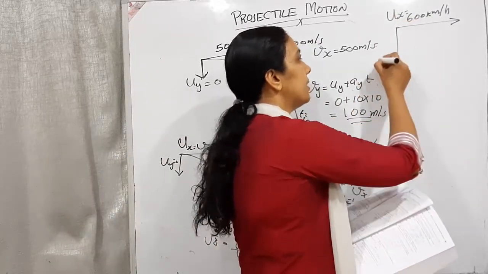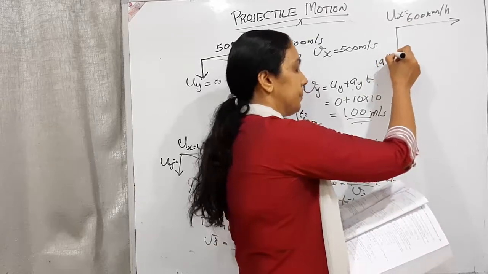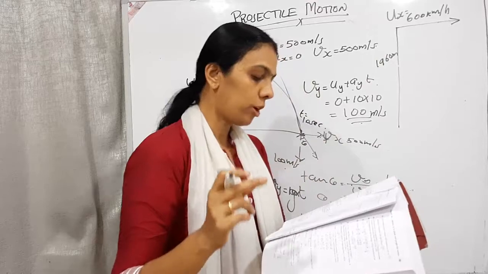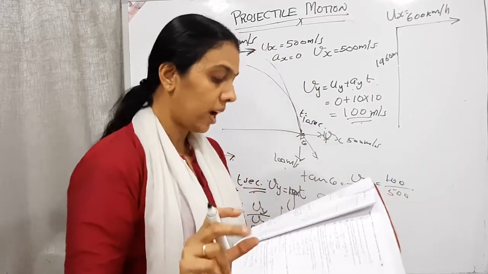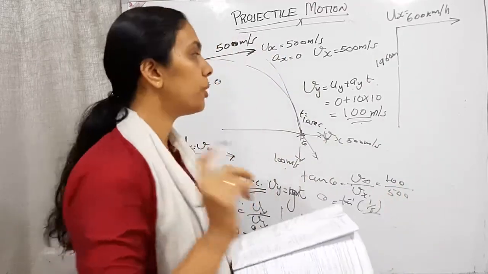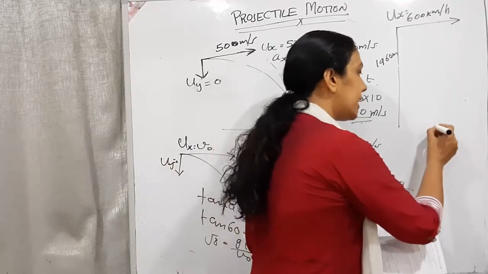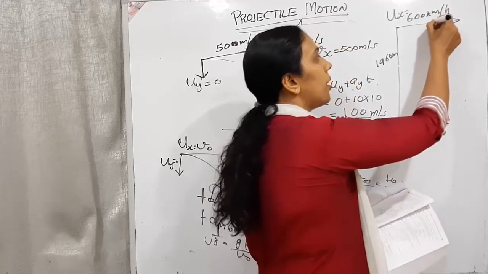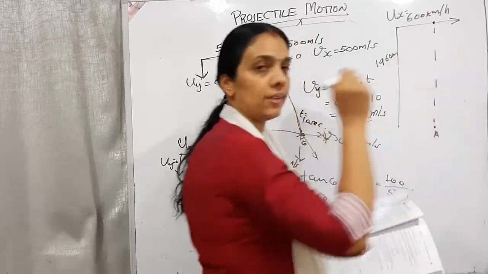When it is vertically above the point A on the ground, a body is dropped from it. So the point A is here on the ground.